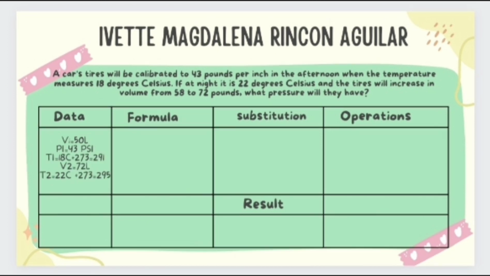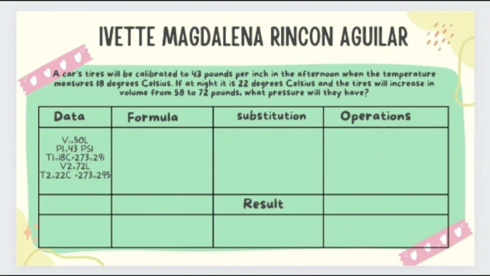Start by writing down the data, such as the initial volume, which is 58 pounds, the initial pressure, which is 43 pounds per inch, and the initial temperature, which is 18 degrees Celsius.